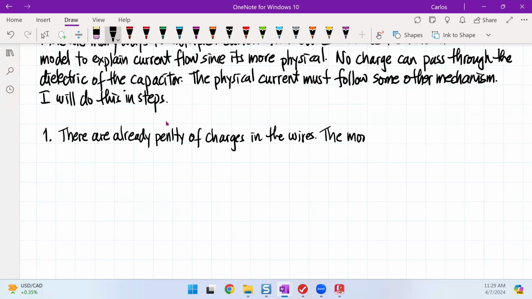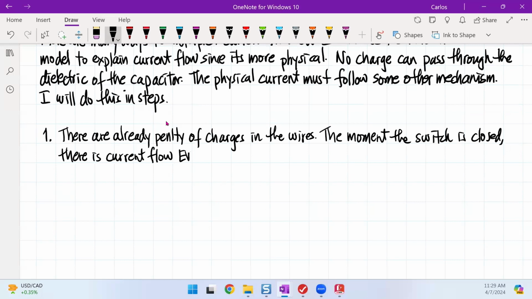The moment the switch is closed, there is current flow everywhere in the circuit.